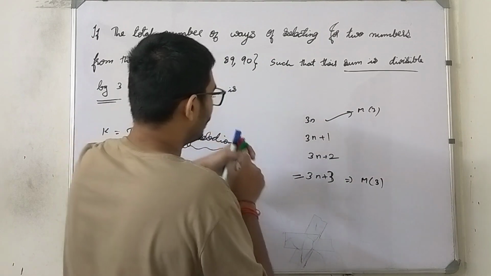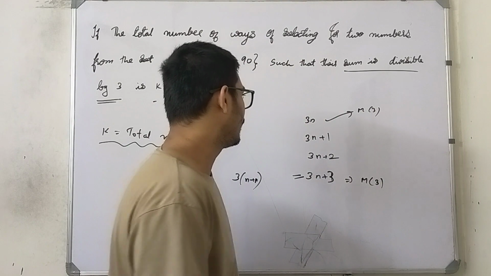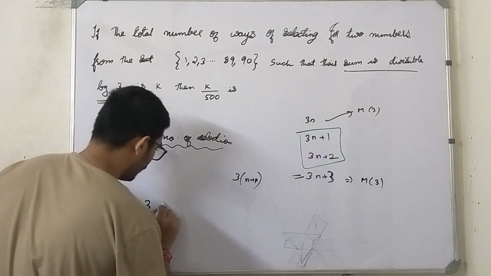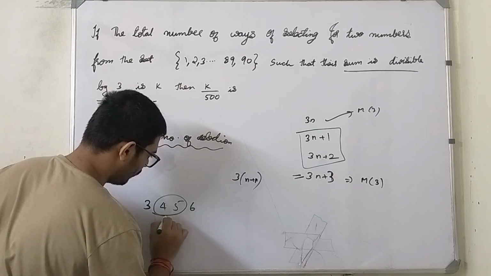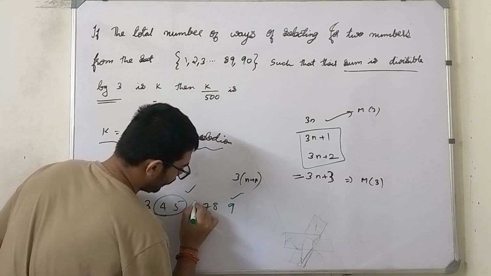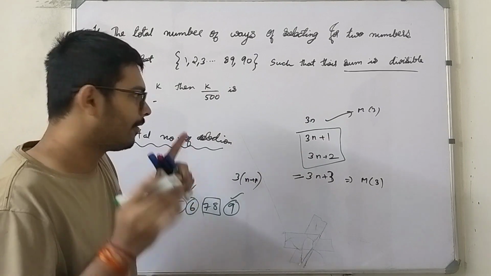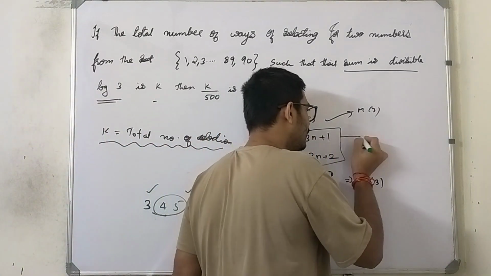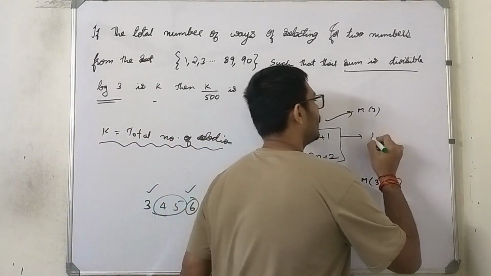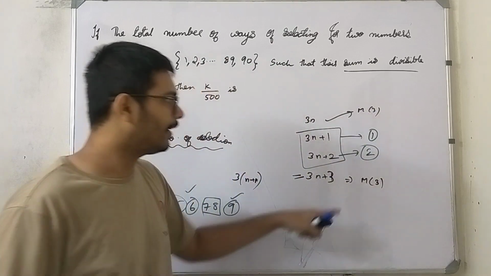Which means whenever we come across two consecutive multiples of 3, there will always be two numbers in between. For example, 3, 4, 5, 6: two numbers between two multiples of 3. Similarly 6, 7, 8, 9. From this, one of the numbers between these two consecutive multiples should give a remainder 1, and the other should give a remainder 2 when we divide by 3. The multiples give remainder 0.